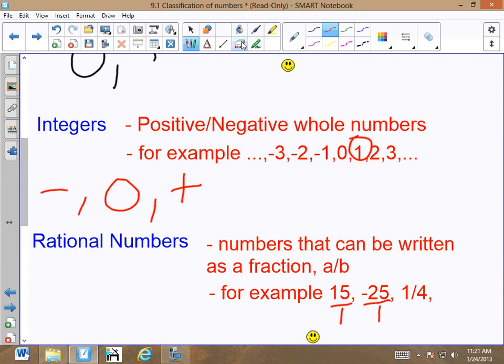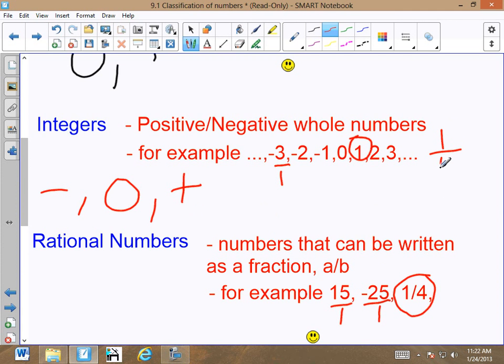Here's where you really need to understand 1/4, this is a fraction. If it's a fraction, it is a rational number. Now, here's where things get confusing. Negative 3 can be written as a fraction, so it's also rational and an integer.